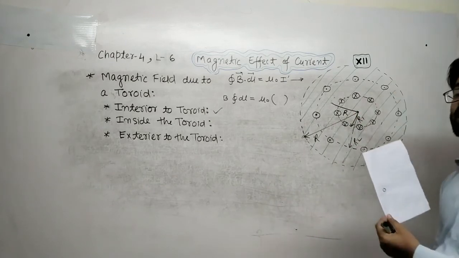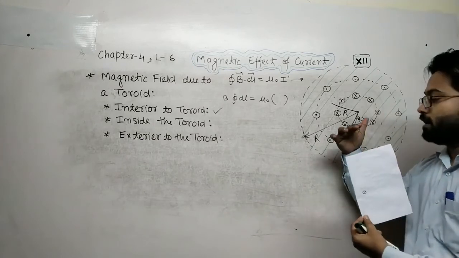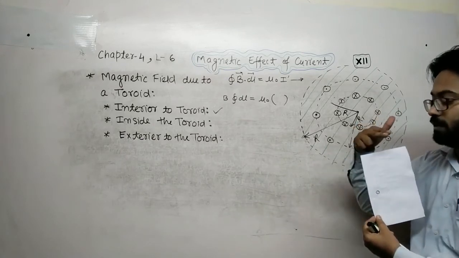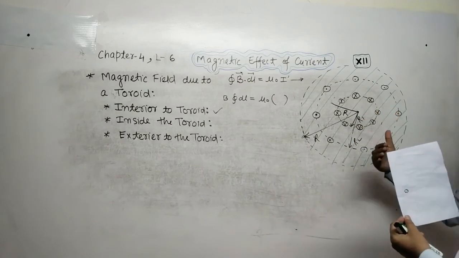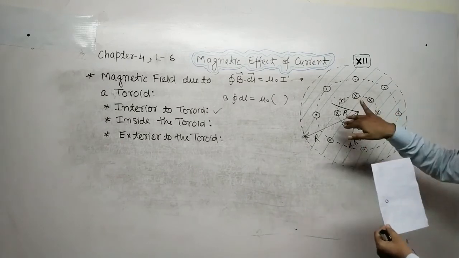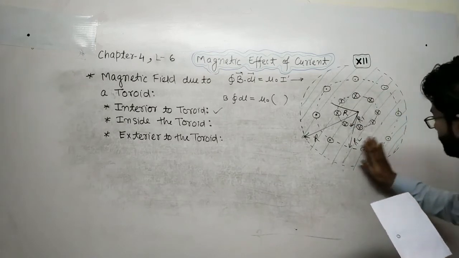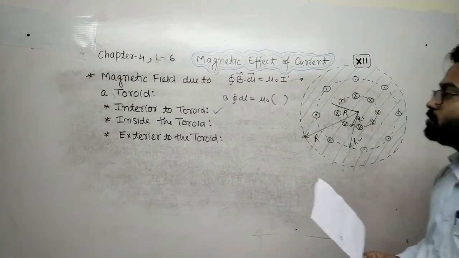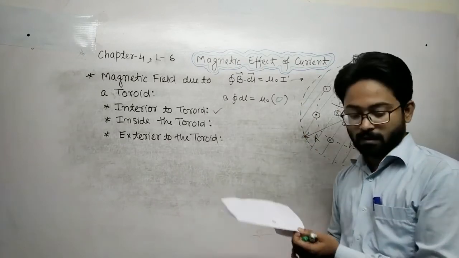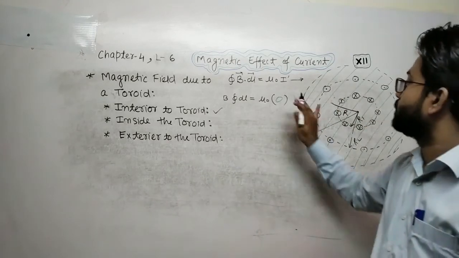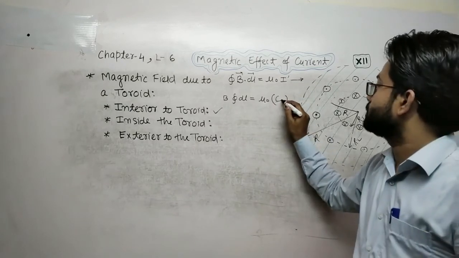That means equal amount of current is crossing this particular area and this area. Means same amount of current is crossing in this direction and this direction. That means the net current passing through that area is equal to 0. The net current is equal to 0.